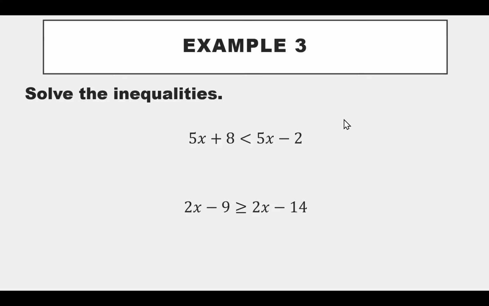Let's do a couple of other examples. Here we have 5x plus 8 is less than 5x minus 2, and 2x minus 9 is greater than or equal to 2x minus 14. You can try these on your own if you'd like. Push pause on the video, and I will show you how they are done in a couple of seconds.